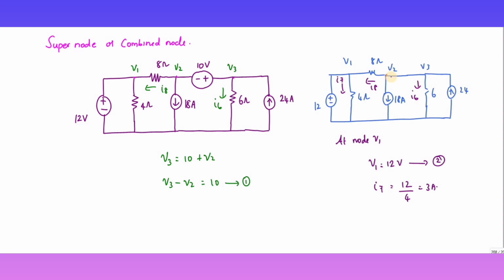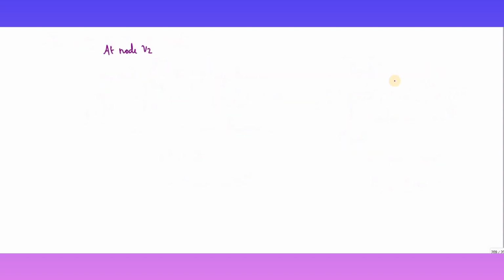We can see 3 currents are going out: I8, I6 and 18, and 24 is coming in. So I can write I8 plus I6 plus 18 is equal to 24. So I8 plus I6 is equal to 6.